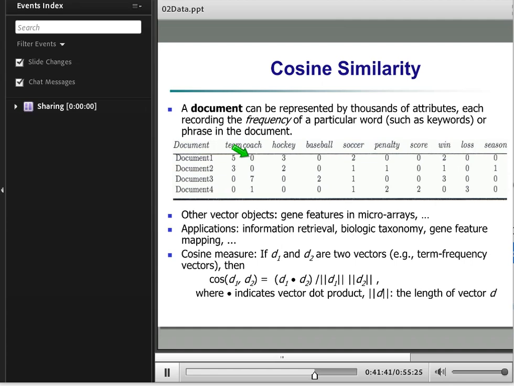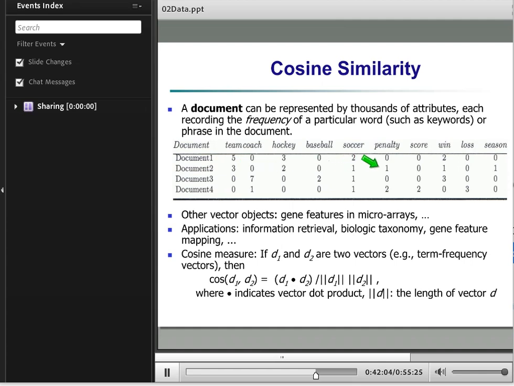There is no word coach in document 1. The word hockey is repeated 3 times. The word baseball is not repeated. The word soccer is repeated 2 times. The word win is repeated 2 times. In document 2, the word team is repeated 3 times.